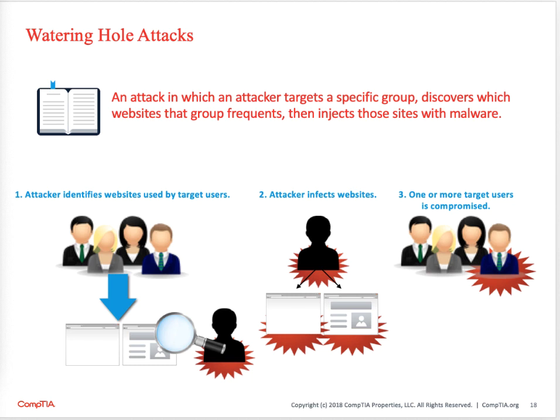There was a massive watering hole attack that affected iOS devices last year. It was actually found by Google. They have a security research team called Project Zero, and they research security vulnerabilities. They came to find out that there were several websites.